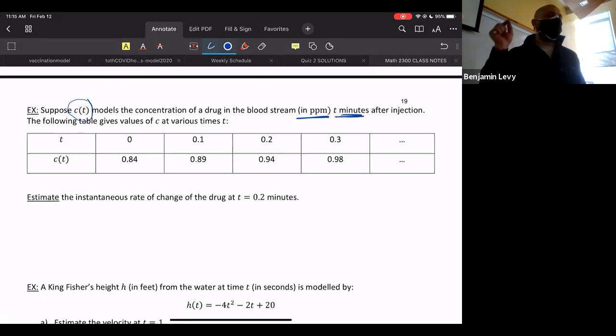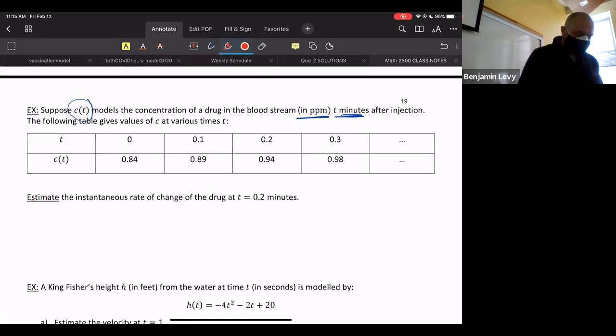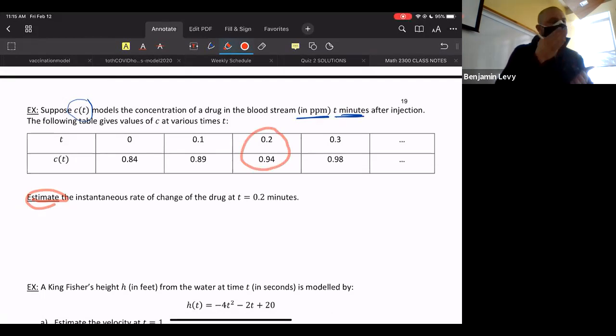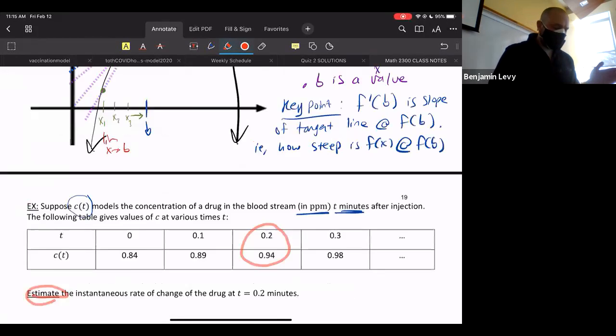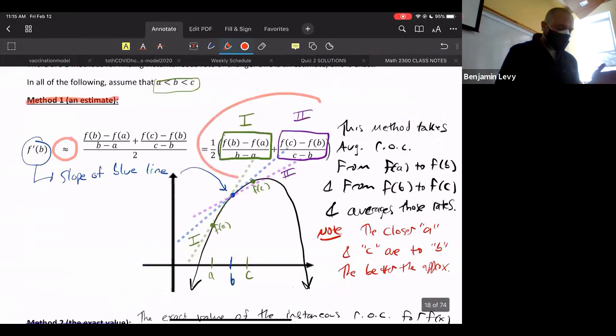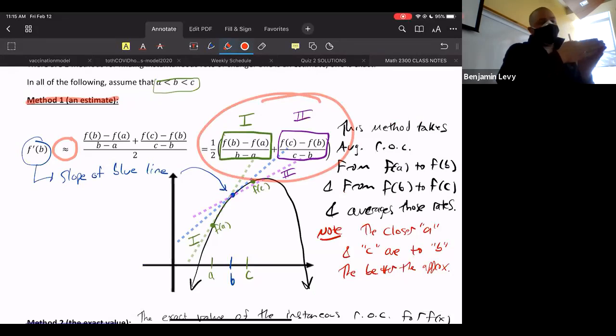So you plug in a T, and it tells you how many parts per million are in your blood. This question wants us to estimate specifically the instantaneous rate of change at 0.2. This is the one we care about. We're going to estimate it by looking a little bit before that point and a little bit after that point, using the idea we just talked about: picking an A and a C and estimating it.